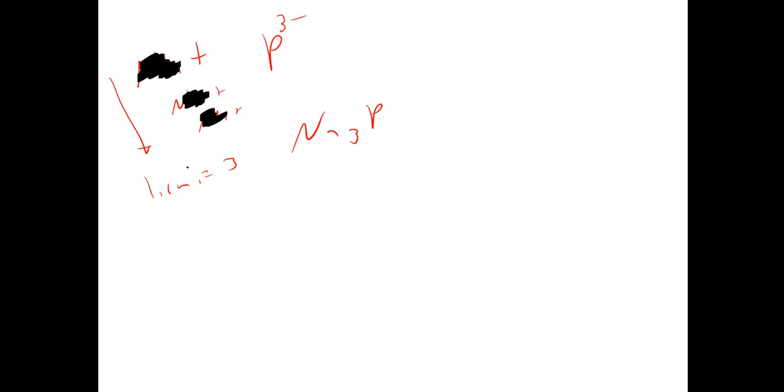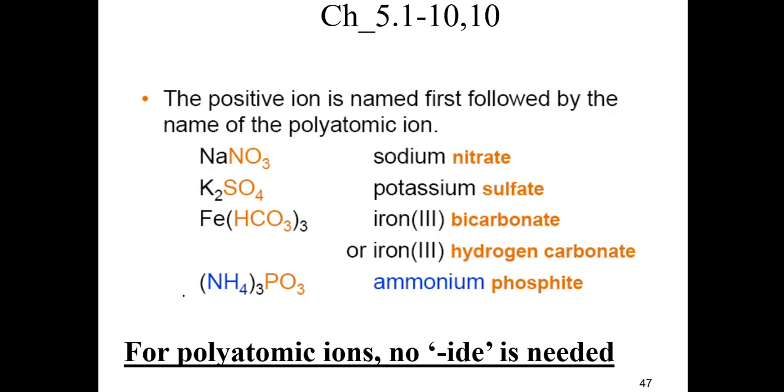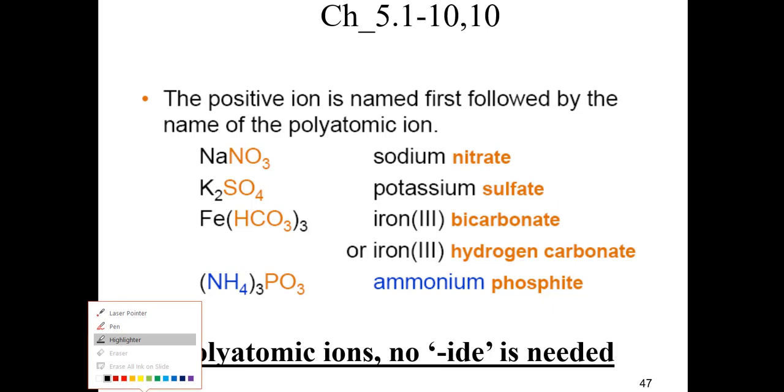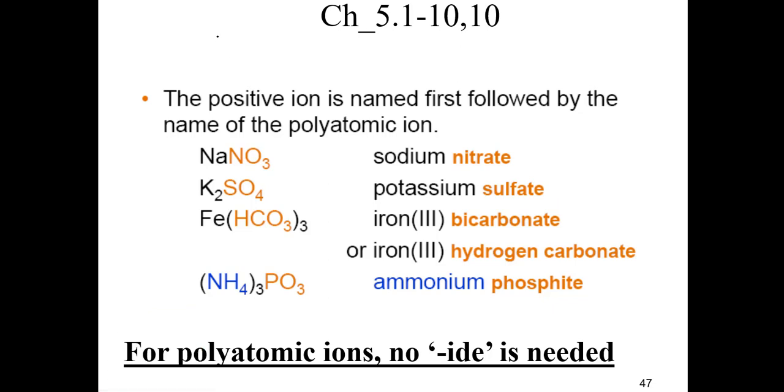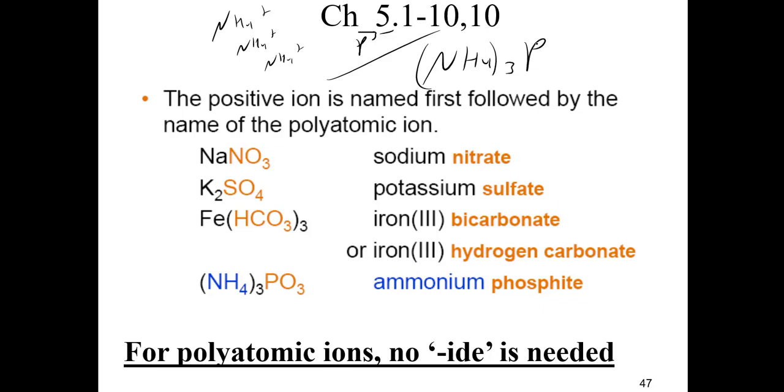Let me rewrite this again. Therefore, we would need 3 of the positive ions in order to balance out 1 of the negatives. And so it's going to be (NH4)3 phosphide. Now you absolutely need the parentheses. Think of this as multiplication.